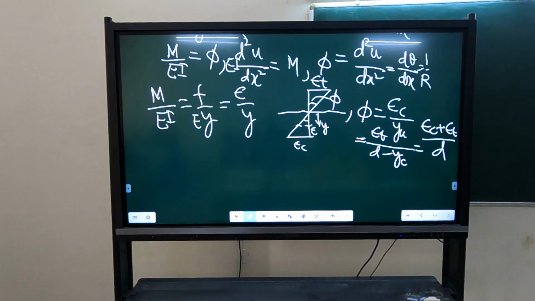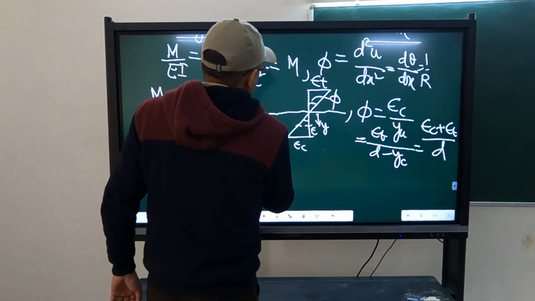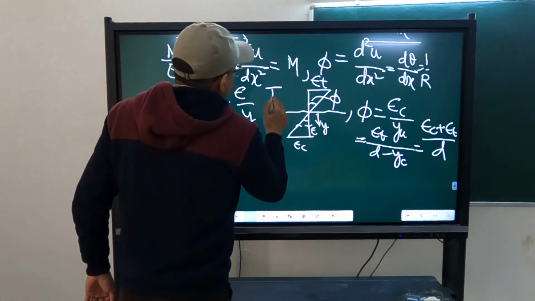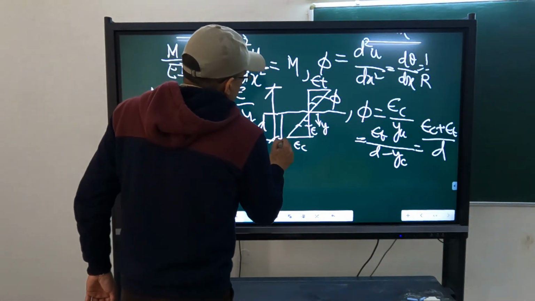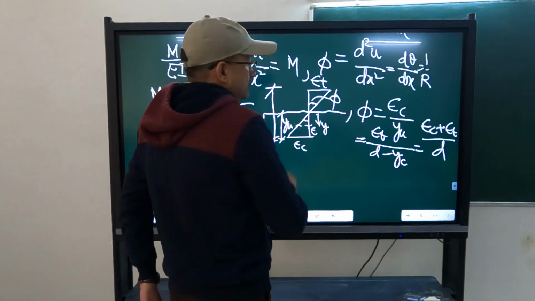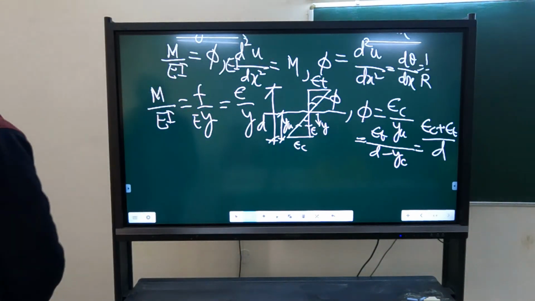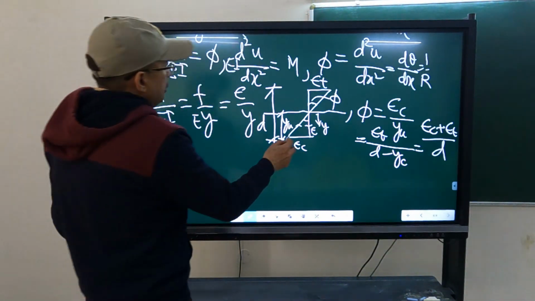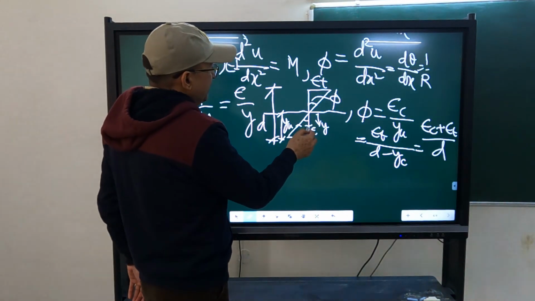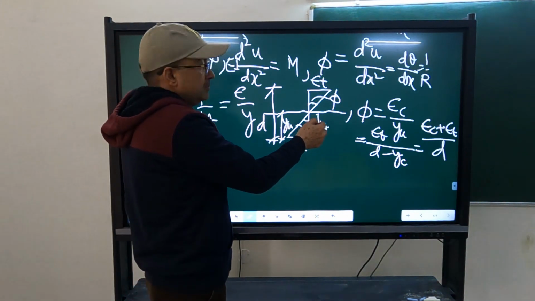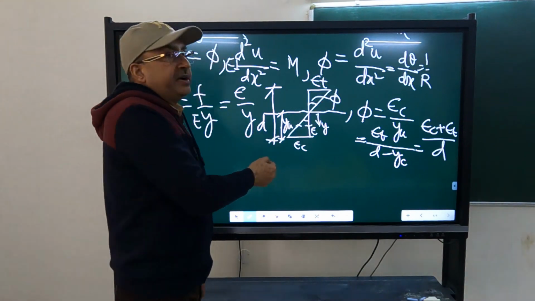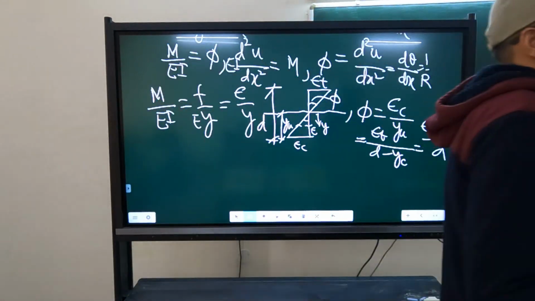You agree? From that diagram, this is the angle, this total is d, and this is y. So epsilon c divided by u is the same as epsilon over y, because the strain diagram is linear.